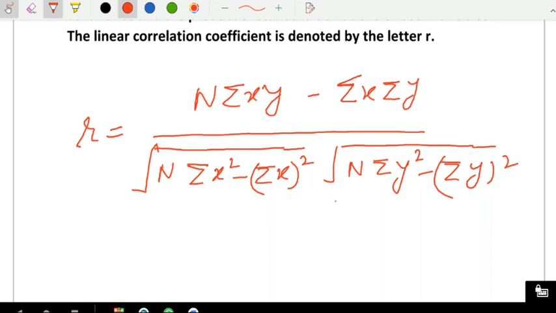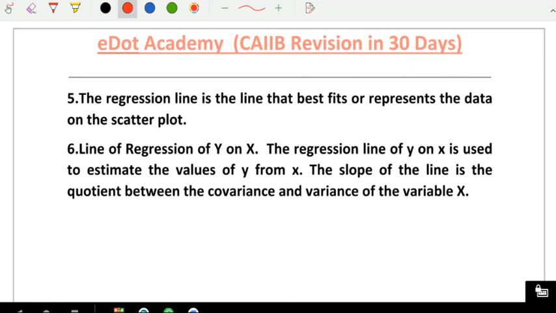Now when two variables are related to each other, that means we can establish a relationship between two variables, that is called a linear relationship, and we can plot a graph and draw a line, and that line can be converted into the form of a linear equation.